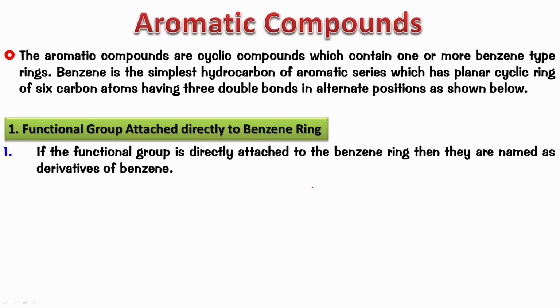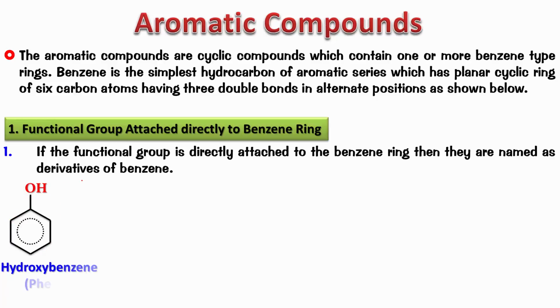For example, look at this one. Now this would be hydroxy benzene. Remember, it's a benzene derivative. It has to end with benzene generally. Not always, but generally it has to end with benzene, especially if this can be called as a substituent. So it is hydroxy benzene.